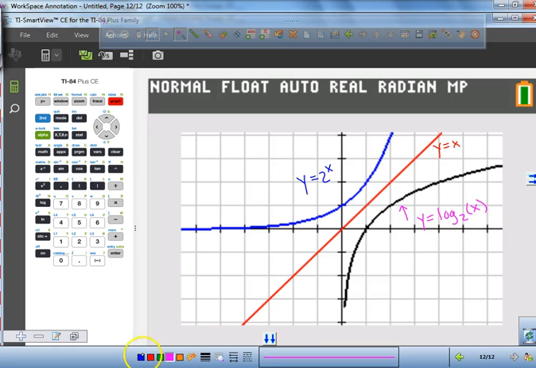So these are inverses of each other. This is what we're going to be working with today. We're going to be working in logarithmic form, not exponential form, but you need to know how to go back and forth between the two.